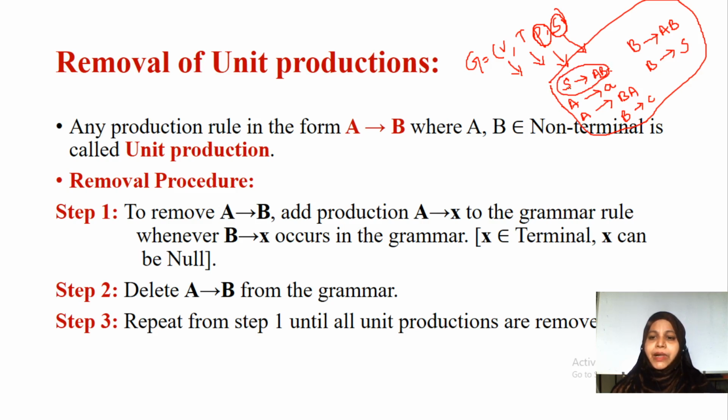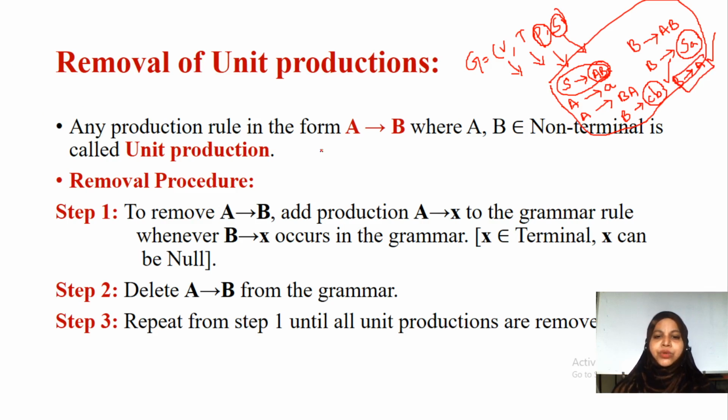Some of the productions are a combination of two variables, some are a combination of variables and terminals. In some of the productions, on the left hand side we have only one variable, and on the right hand side we have only one variable. This type of production is a unit production, right?